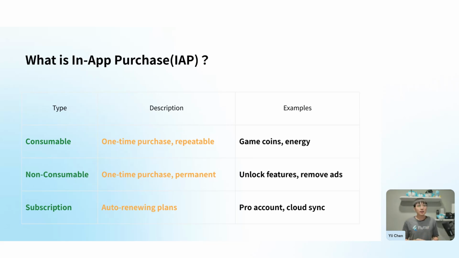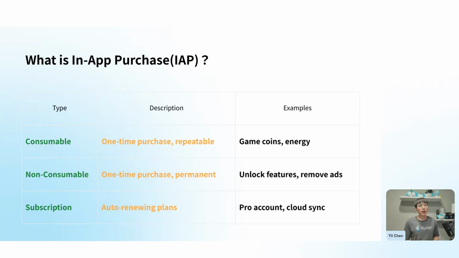These are items that users can use up and buy again, like energy points, potions, weapons, in-game currency in gaming apps. This is very common. Second, we have non-consumables. These are one-time purchases that the user keeps forever, like unlocking a feature, removing ads, or buying a special tool. Once you buy, it's yours for life.